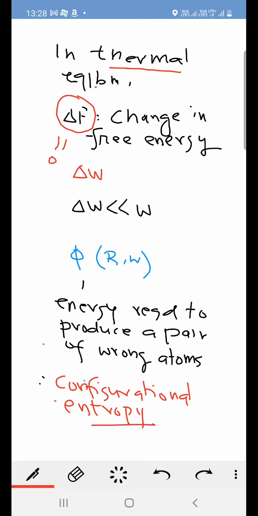The word entropy is important because we are changing the order of the system. We are changing it by introducing wrong atoms. We have disturbed the order. We increase the disorder of the system. So our configurational entropy is written as S_CF.